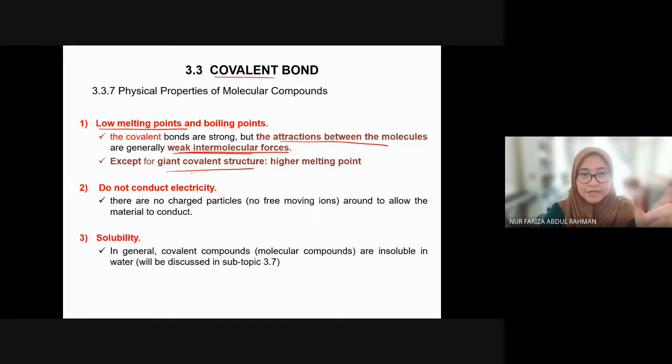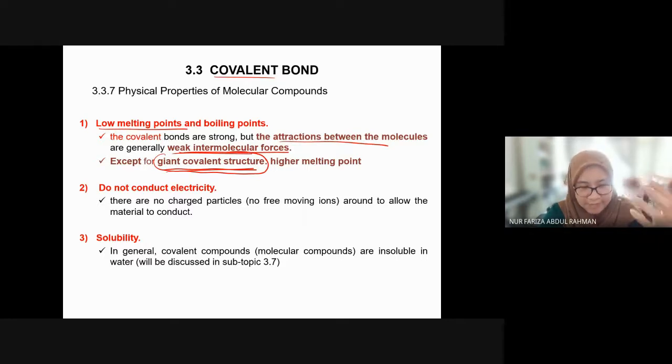But please be careful for the giant covalent structure. Sometimes ada ionic compound having lower melting point or boiling point than giant covalent structure. Tadi tengok yang diamond just now has melting point of 4,000 and above.